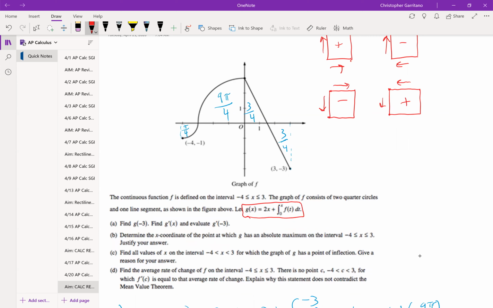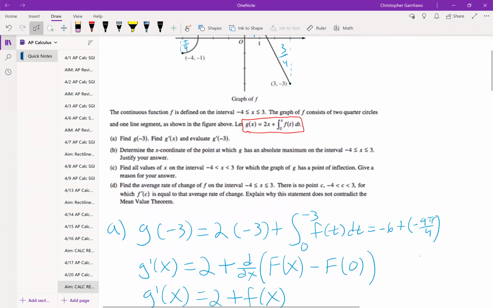So question 1 says, find g of -3, then it says find g prime of x and evaluate g prime of -3. All right, g of -3 is simple. Just plug in -3 into our defined g of x function wherever we see x. So this becomes 2 times -3 plus the integral from 0 to -3.